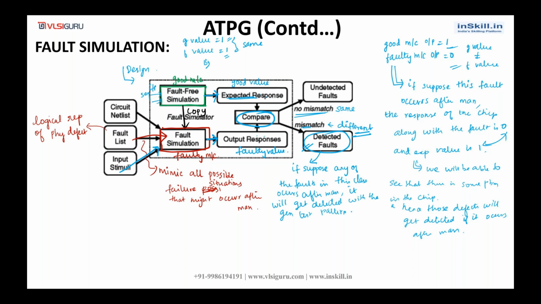So if the good value and faulty value are both the same, it means the tool will place those faults into the undetected or not detected class.